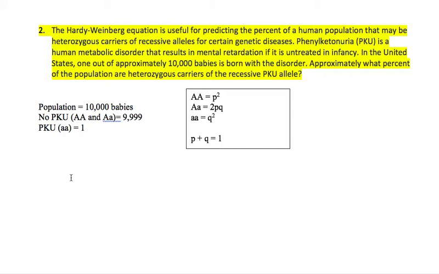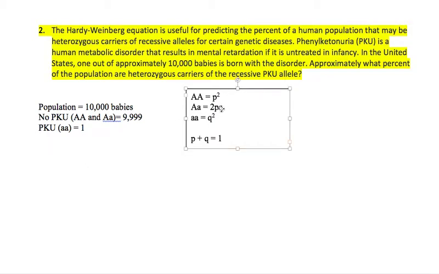So heterozygous carriers of recessive alleles for certain genetic diseases. Phenylketonuria, or PKU, is a human metabolic disorder that results in mental retardation if it is untreated at infancy. In the United States, 1 out of approximately 10,000 babies is born with the disorder. Approximately what percent of the population are heterozygous carriers of the recessive PKU allele?